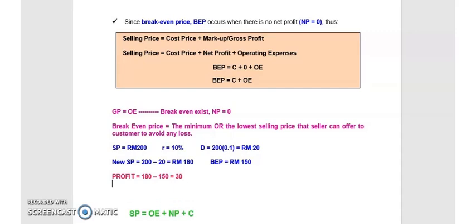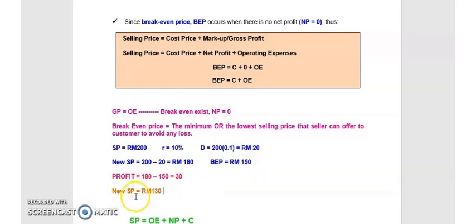What if I put a new selling price of 130 ringgit? We know that our break-even price is 150 ringgit, the minimum selling price that we can offer to customers.